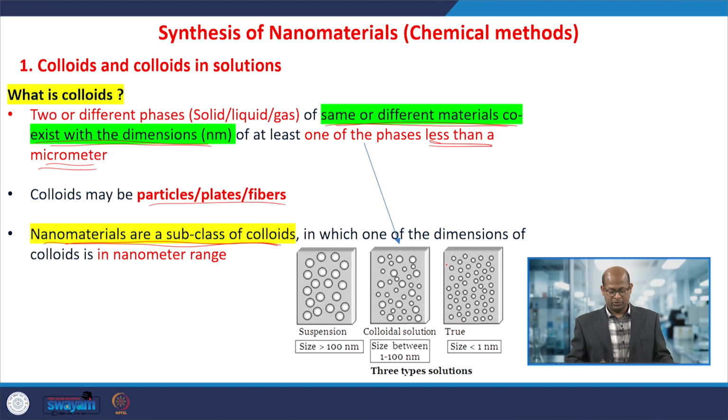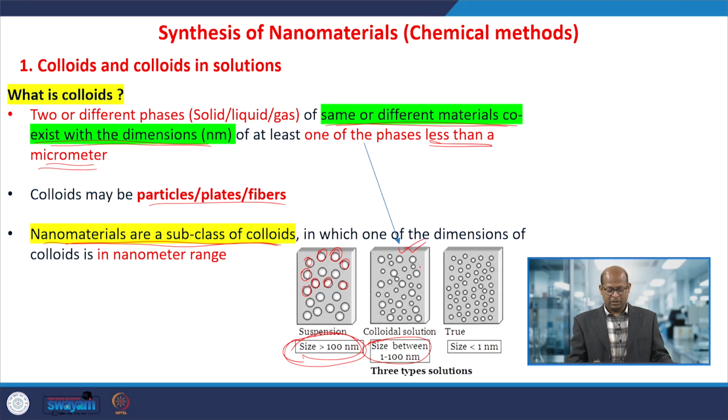Here you can see a material suspended in a particular solvent whose size is bigger, more than 100 nanometers, so that is not a colloid. When the solution has particles of different sizes, within 1 to 100 nanometers, it looks like this.